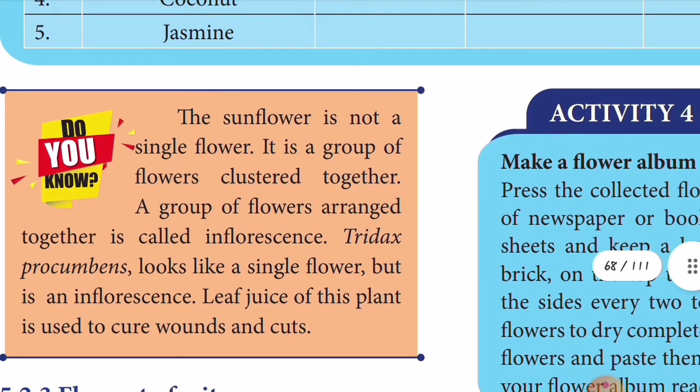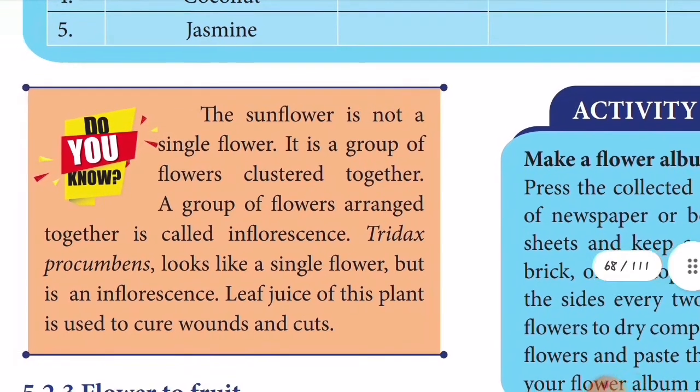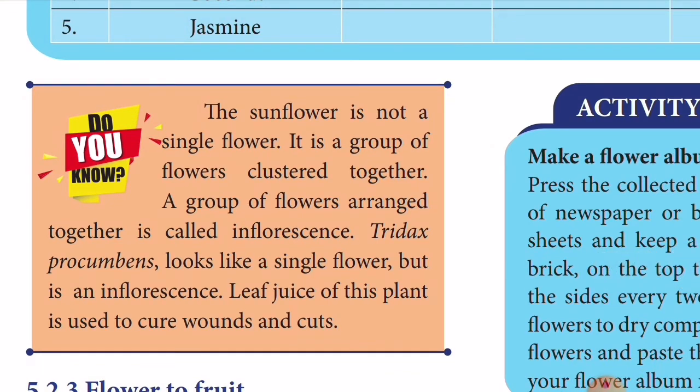And see here, children, sunflower. How many of you have seen the sunflower, children? Sunflower is not a single flower. This is a group of flowers clustered together. A group of flowers arranged together is called an inflorescence.